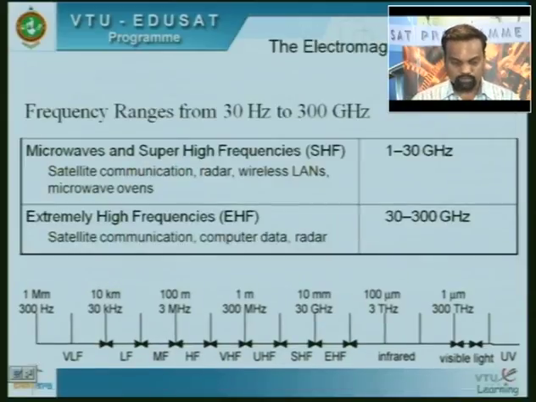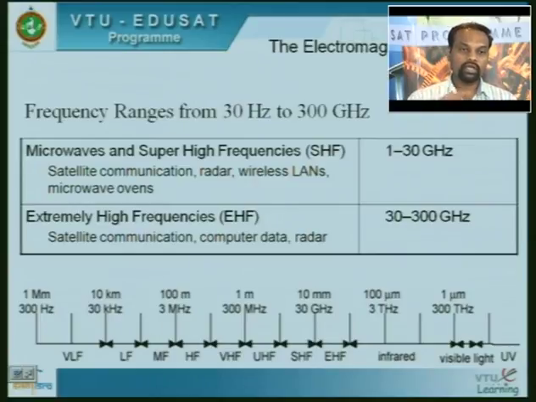Now there is another very high frequency band called microwaves, where satellite communication happens and wireless LANs work. That is in the range of 1 gigahertz to 30 gigahertz. It's a very important frequency. If I would like to transmit data over a wireless system, maybe using Bluetooth, Zigbee, or any short range wireless communication system, they all operate in the range of 1 gigahertz to 30 gigahertz.